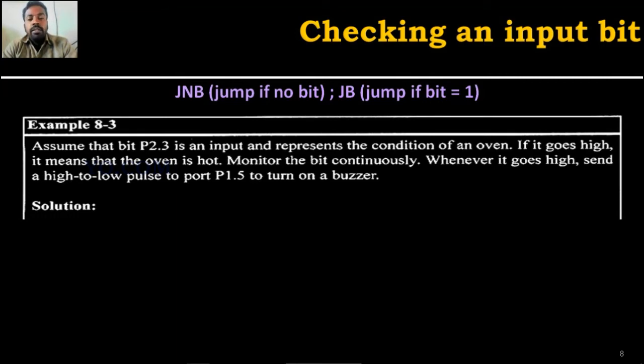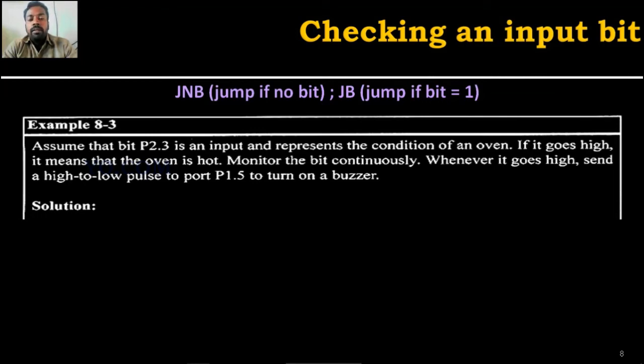Monitor the bit continuously, and whenever it goes high, send a high to low pulse to port 1.5 to turn on the buzzer. Actually, this is one small project. So the oven temperature is connected to port 2.3, and the buzzer is connected to port 1.5.